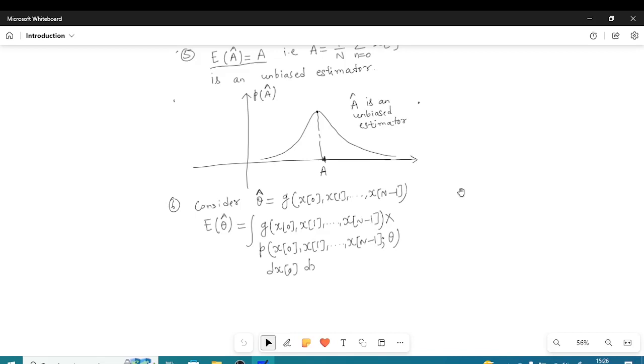And if this estimator is unbiased, then this value should equal theta for all values of theta.